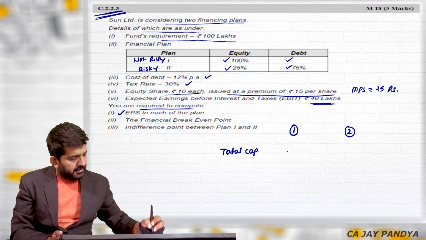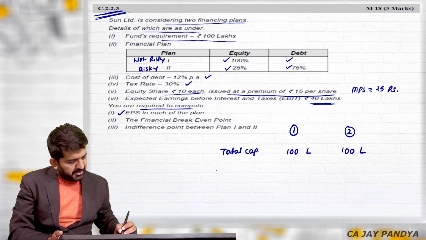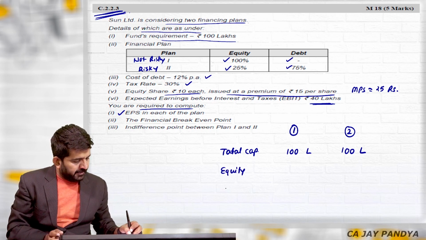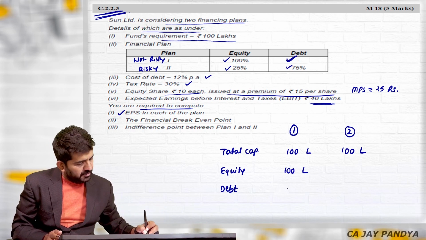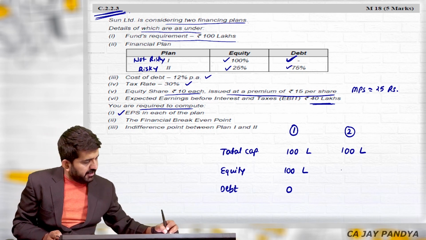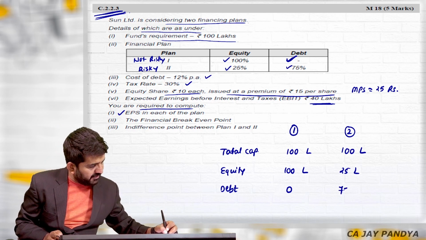Total capital is 100 lakhs. In this also it is 100 lakhs. Here, equity and debt. Equity will be 100 lakhs. Debt will be 0. In plan 2, equity will be 25%, that is 25 lakhs, and debt will be 75 lakhs.